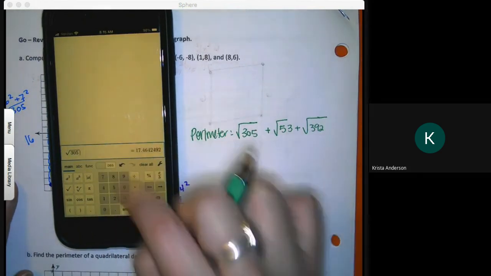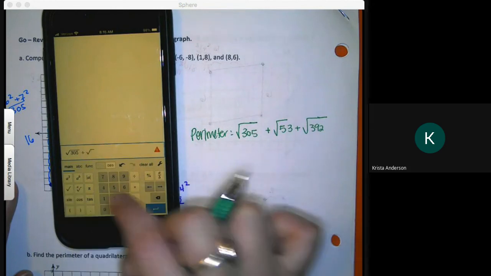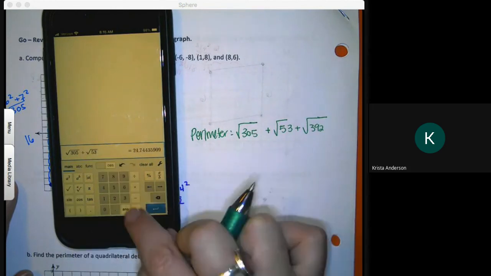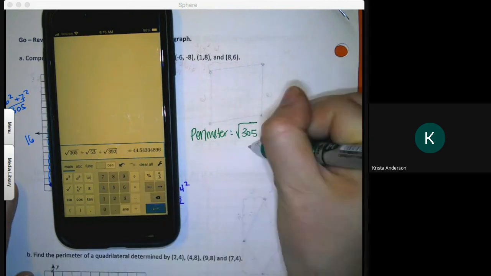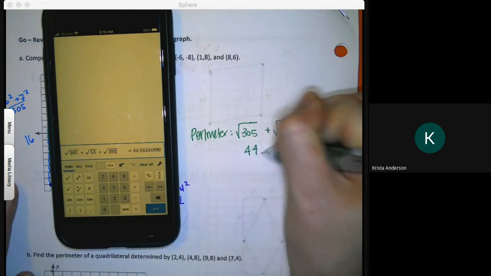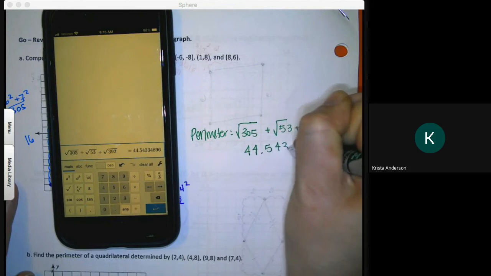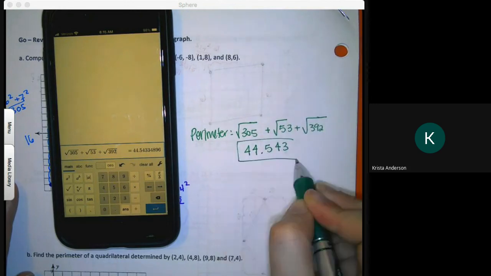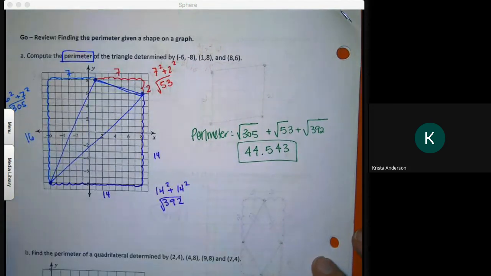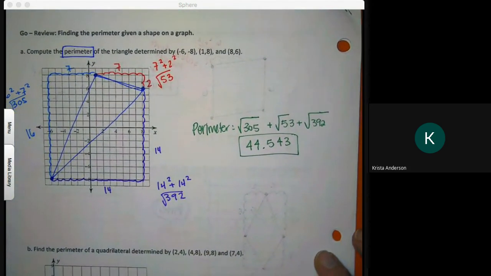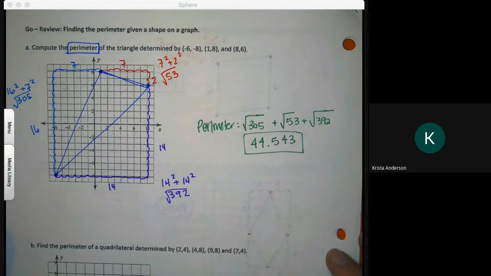Make sure you go over. The total is 44.543. Any questions?